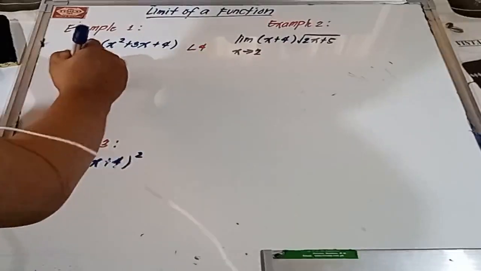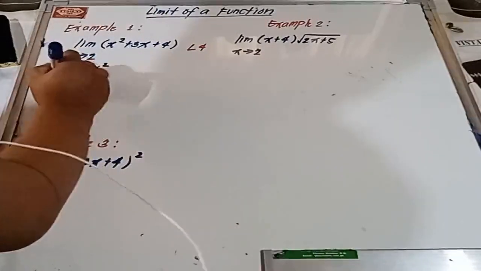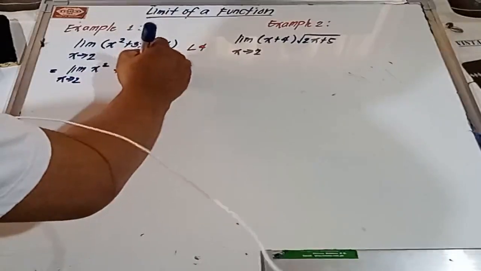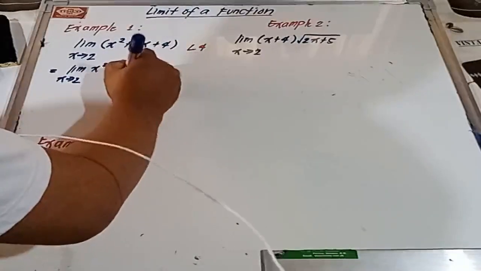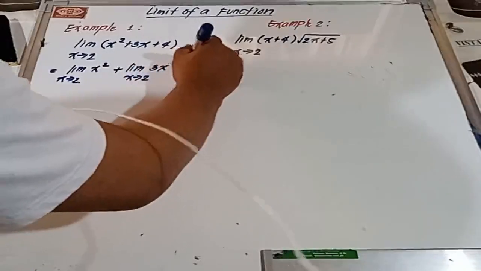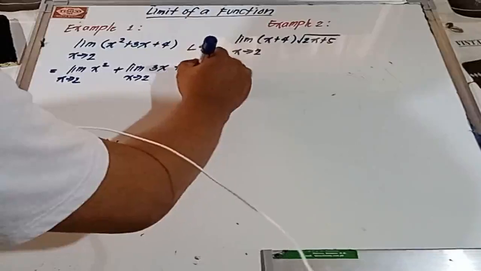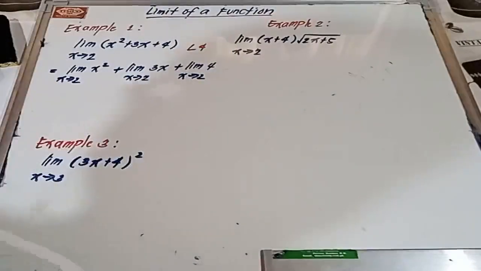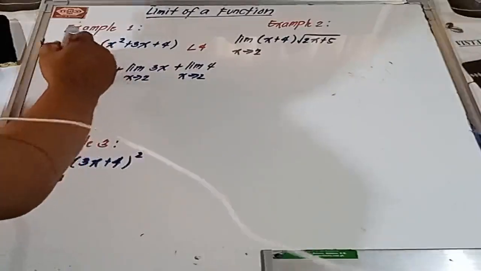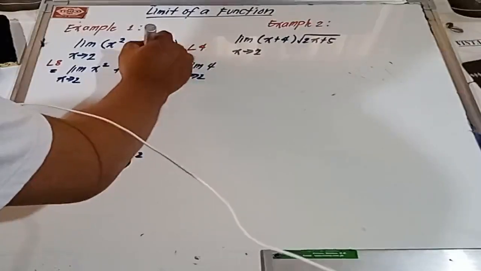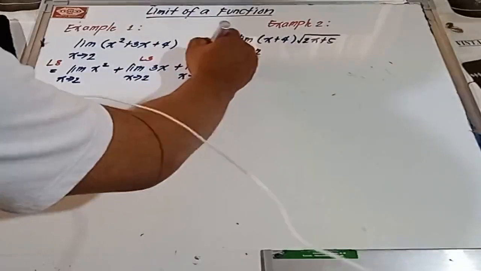So that is the limit of x squared as x approaches 2, plus the limit of 3x as x approaches 2, plus the limit of 4 as x approaches 2. Okay. And then, para dito, ang gagamitin natin ay limit theorem number 8. Para dito, limit theorem number 3. Dito, limit theorem number 1.